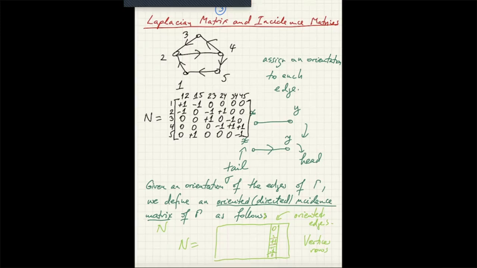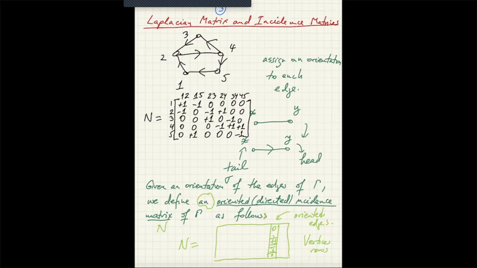Okay. Now we say unoriented matrix because there are many such matrices. First of all, you can label the rows. I labeled here 1, 2, 3, 4, 5, and I label the columns 1, 2, 1, 5, and so on. But you can write them in different orders, so you'll get different incidence matrices.